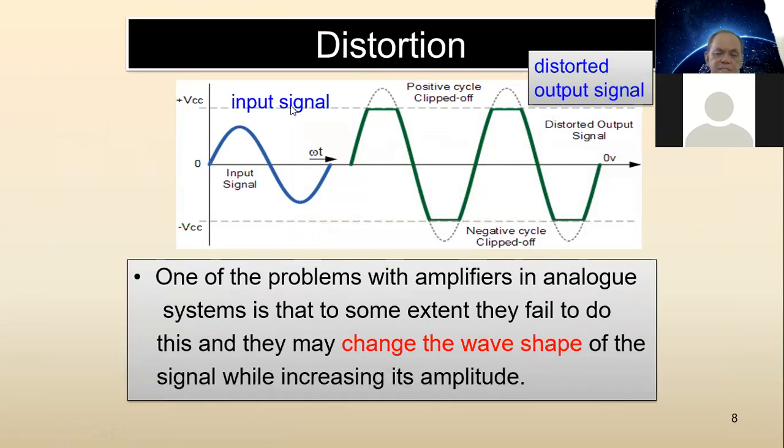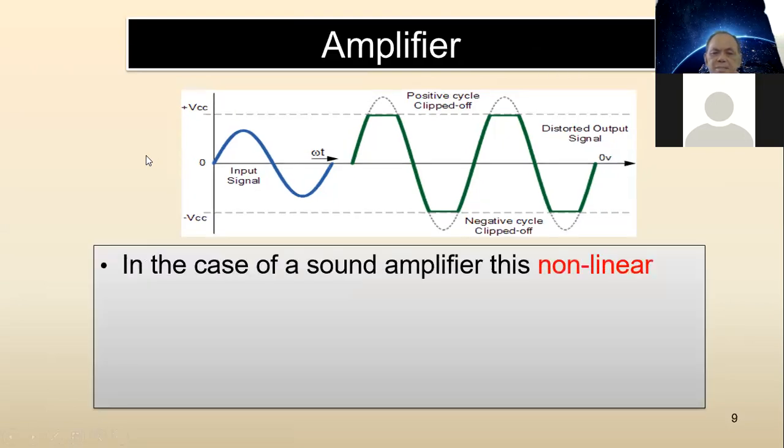When you amplify, you want exactly the same shape coming out, but with larger amplitude, larger maximum voltage. Not like here, where it's cut off. The output signal is completely different from the input signal. So if it doesn't amplify all the different frequencies by the same amount, we say it's non-linear.